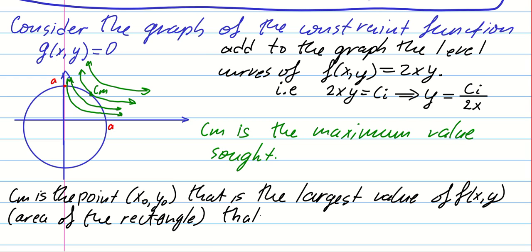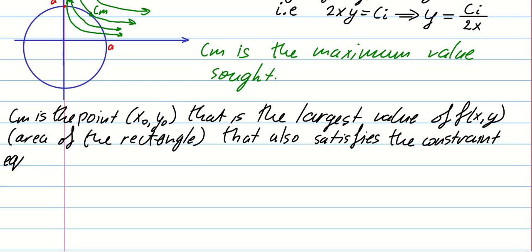That, at the same time, satisfies the constraint equation g of x, y equal to 0.